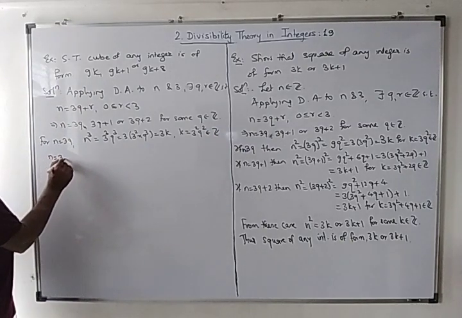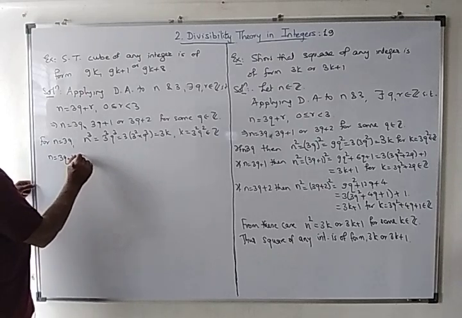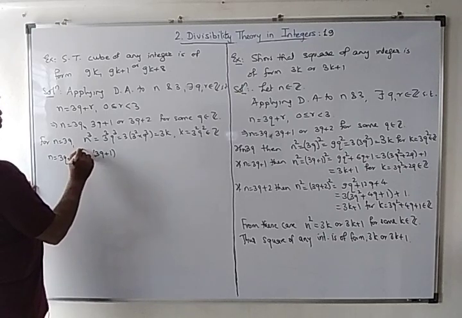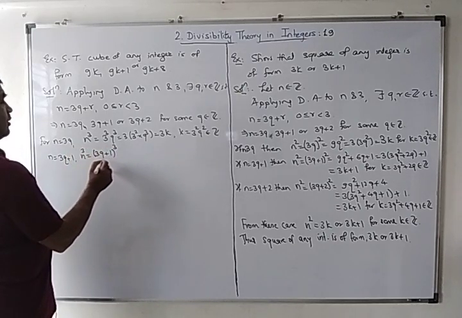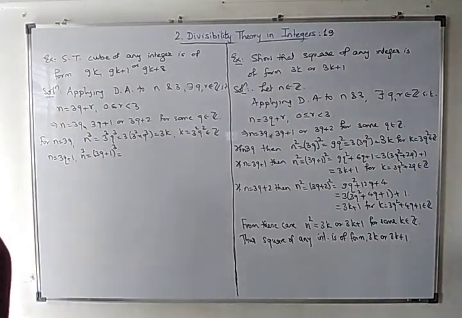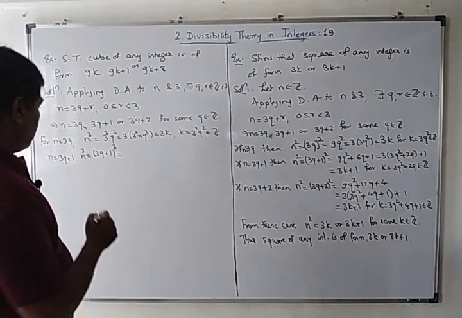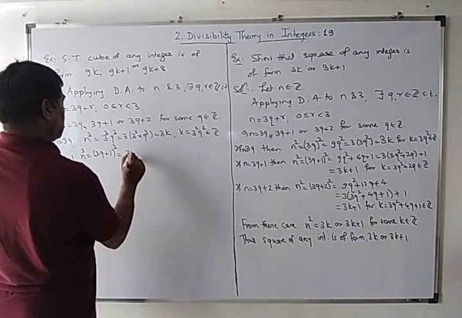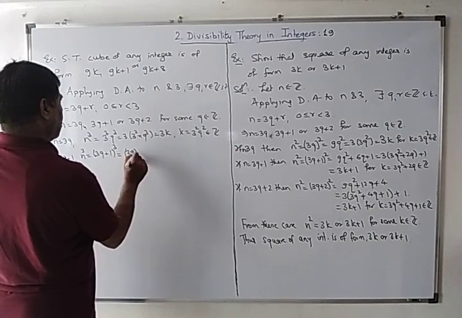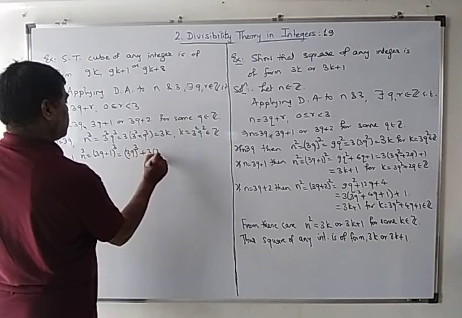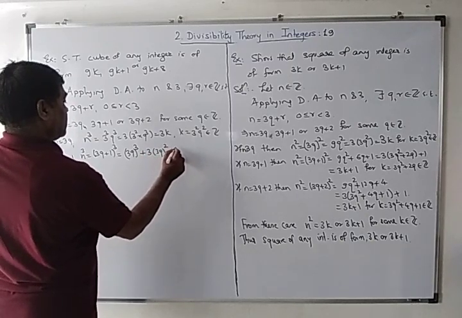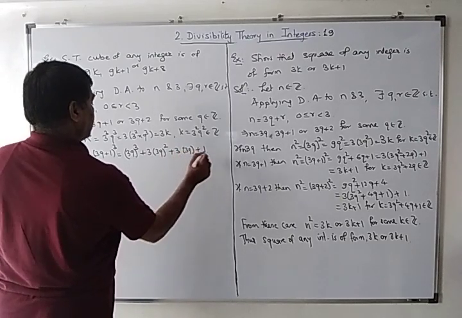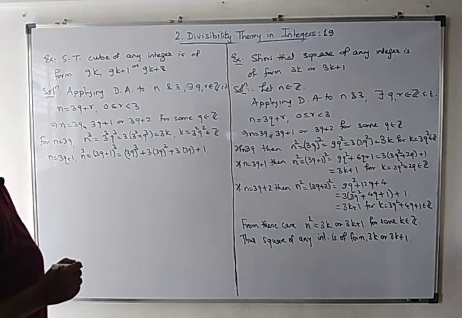For n equal to 3q plus 1, n cube is 3q plus 1 whole cube. By using binomial expansion, we get this to be (3q) cube plus 3 times (3q) square plus 3 times (3q) plus 1.